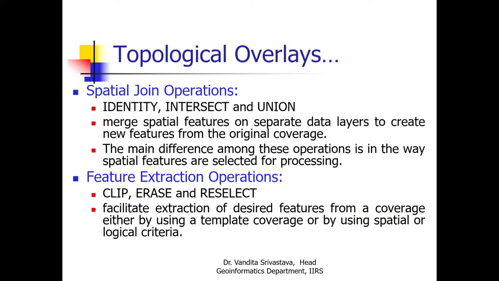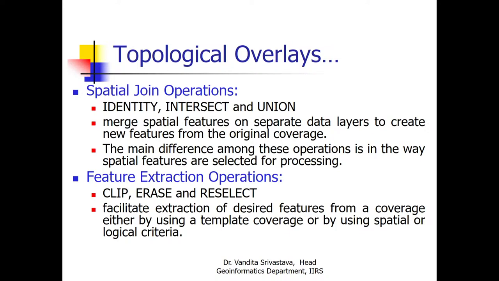In spatial join operations, which are identity, intersect and union, the features from both the data layers are merged to create a new layer. The main difference among them is the way these spatial features are selected for processing, but in the attribute table the same rule applies.